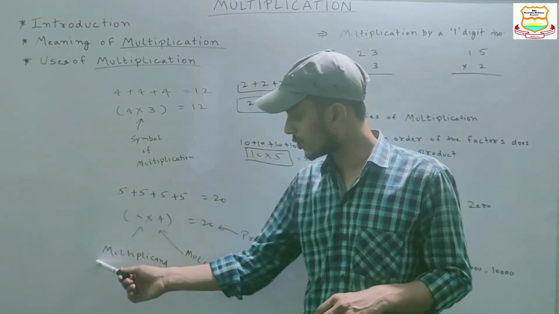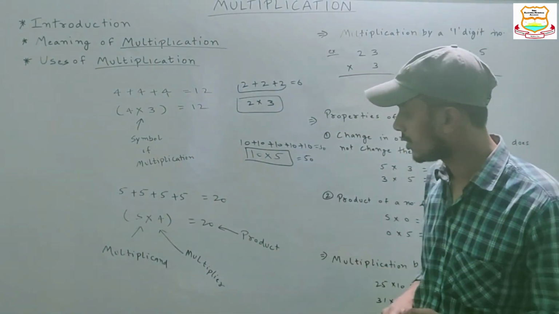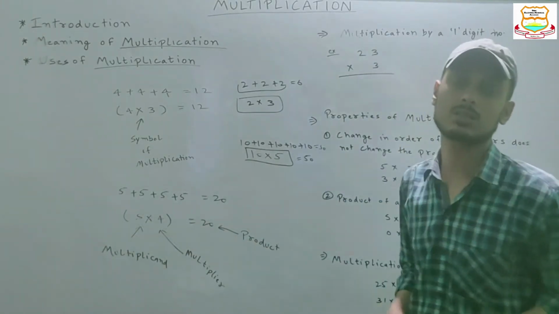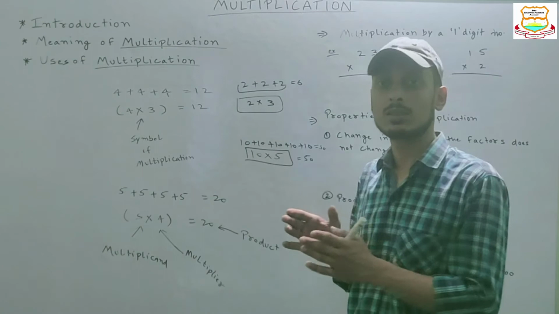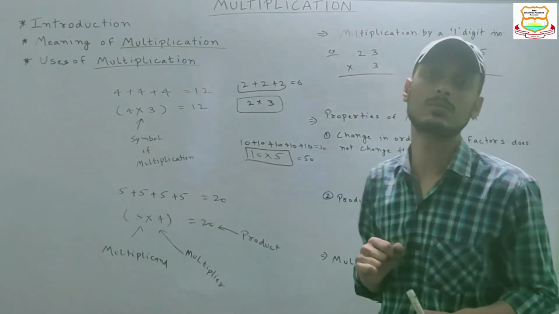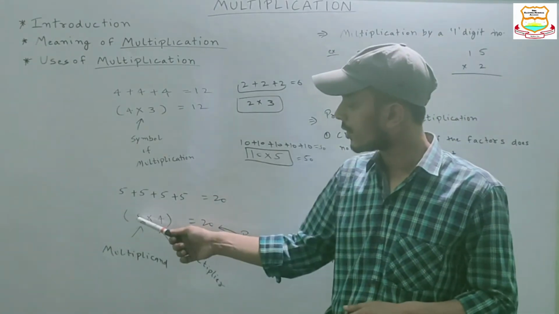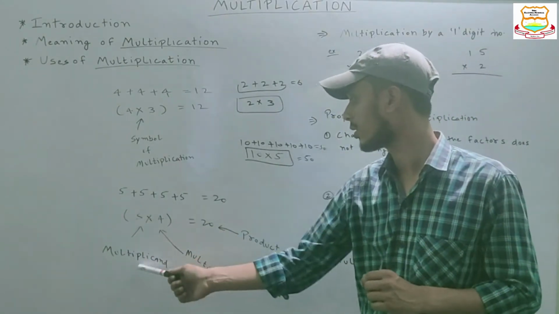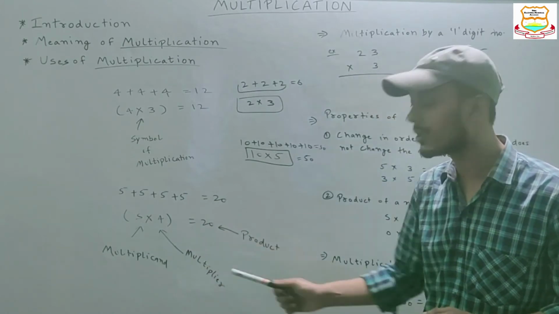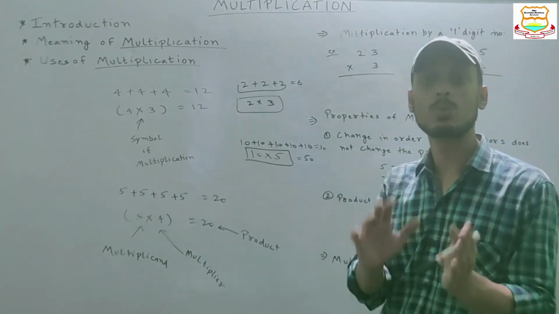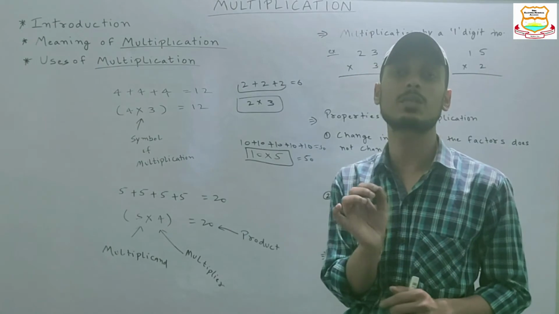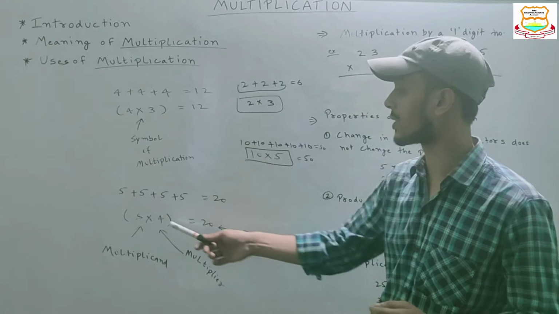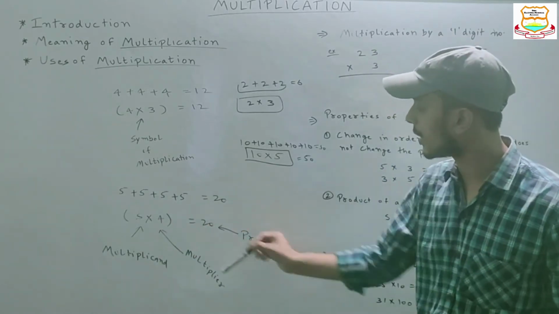There is one thing to be noted here, very important. In multiplication, these two numbers are called factors and they have got special names. 5 is called the multiplicand. 4 is called the multiplier.